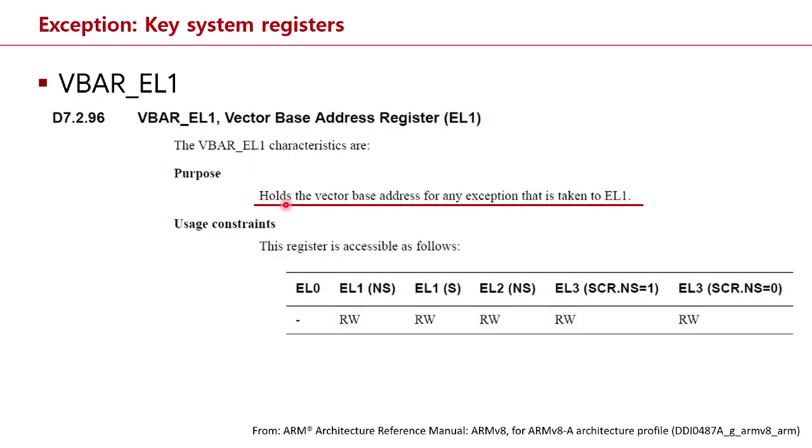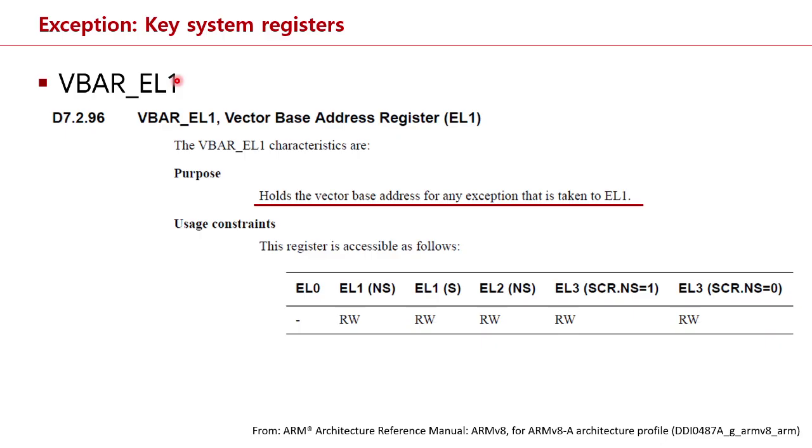This register is used to hold the vector base address for any exception that is taken to exception level 1. When an exception occurs, the ARM core refers to this system register to branch to the exception vector address.